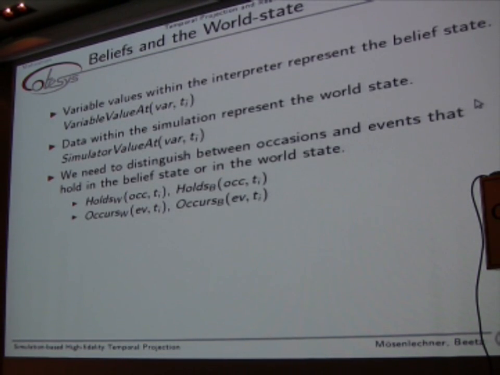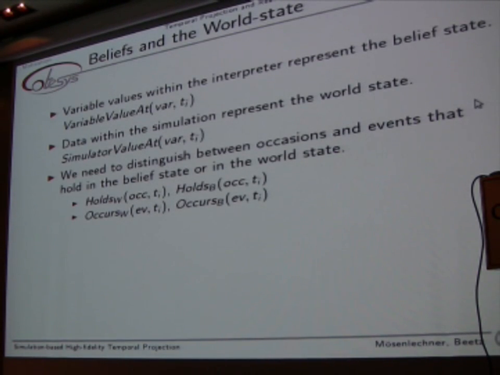On the other hand, the world state, represented by the simulation, is accessed by the function simulator value at. Basically the same, but for more or less continuous processes in the simulation.